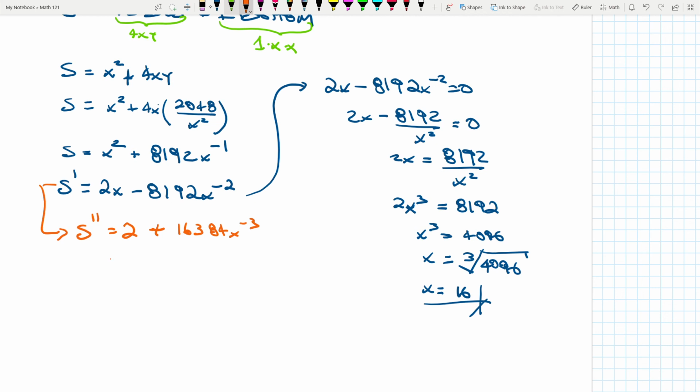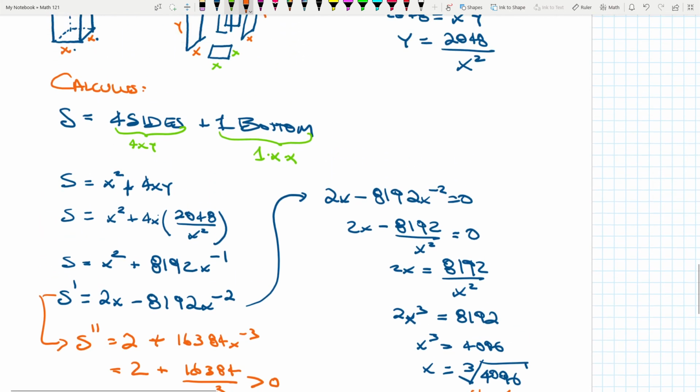I'm going to rewrite this as 2 plus 16384 over x to the third power. And again, this will always be positive for positive values of x. That means the second derivative is positive, concave up, giving us a minimum. So this dimension, in feet by the way, will be the minimum.